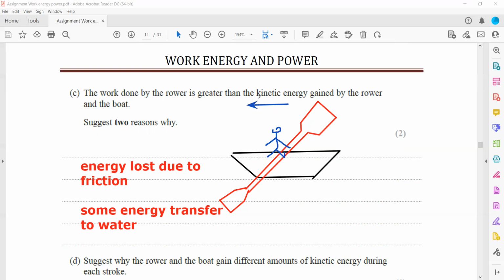But the mass of the person is smaller compared to the mass of the boat. So if they have different masses and are moving with the same speed, the kinetic energy of the person will be different from the kinetic energy of the boat.